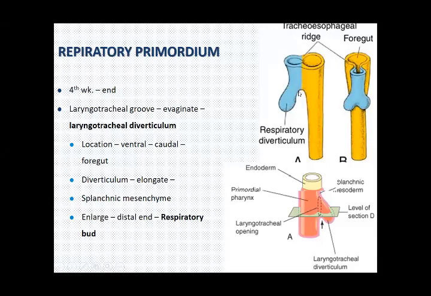This evagination is called respiratory diverticulum या laryngophakial diverticulum.